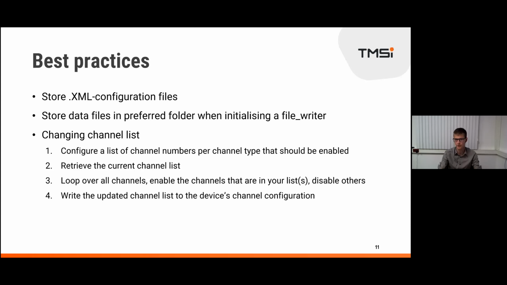If it's in the list, you want to enable it and you want to disable all others. At that point, you will have an updated list, but you haven't pushed this to the device yet. So it's important that you update the channel list by sending it again to the device. And you can do that with the same call as with the original retrieval of the list.